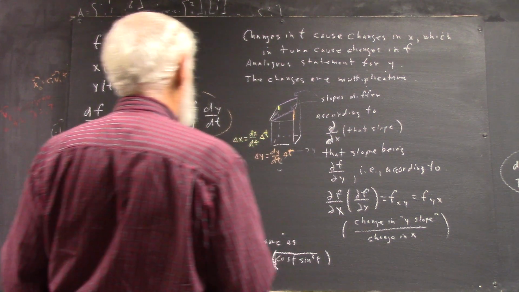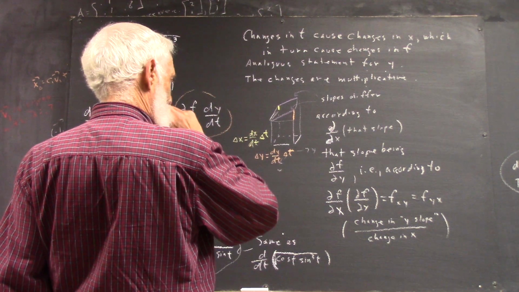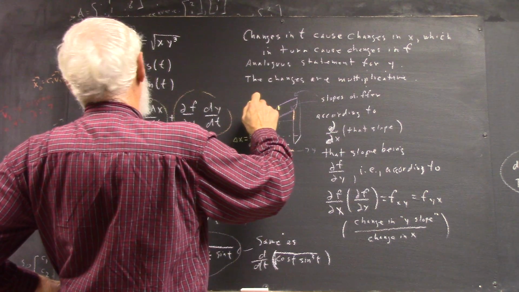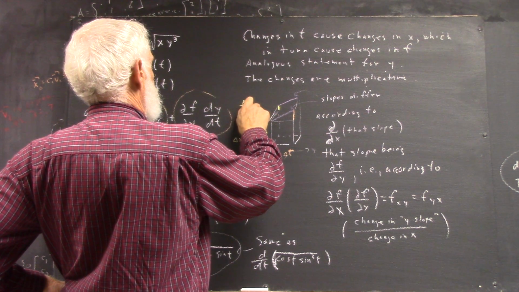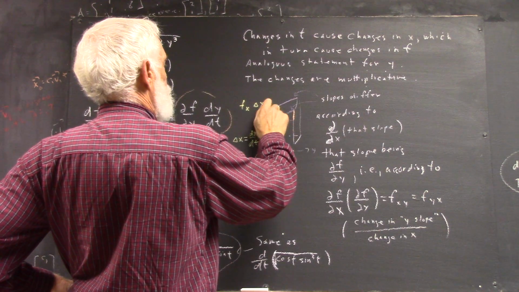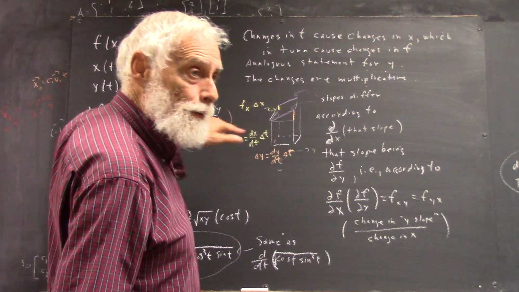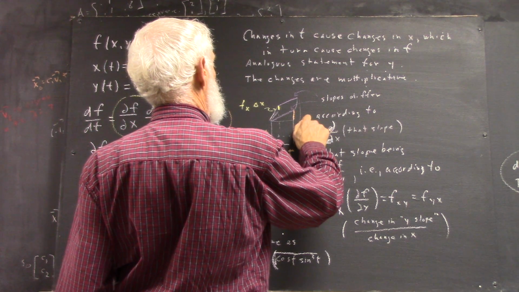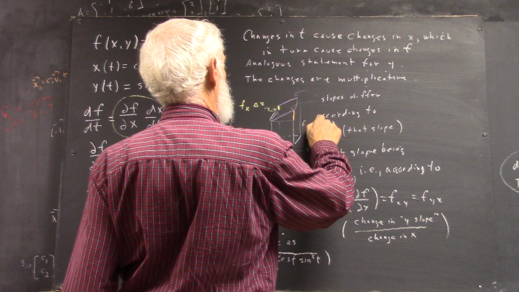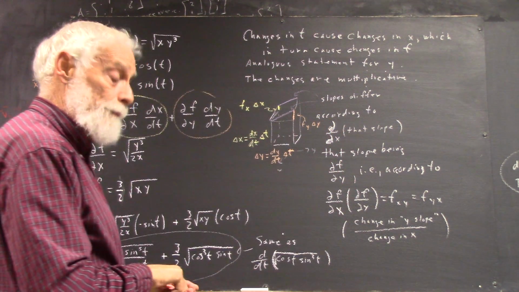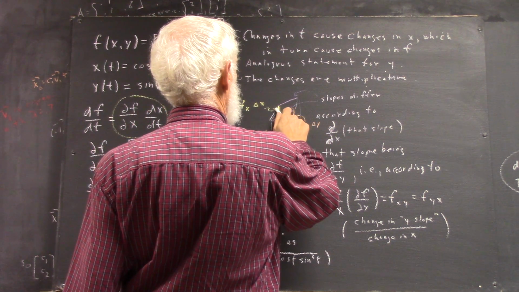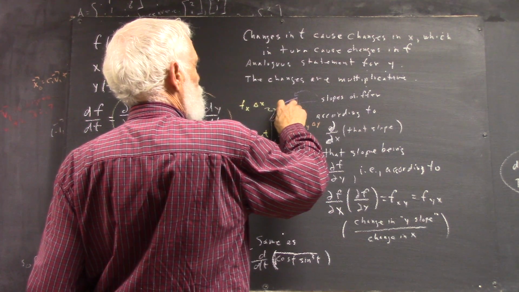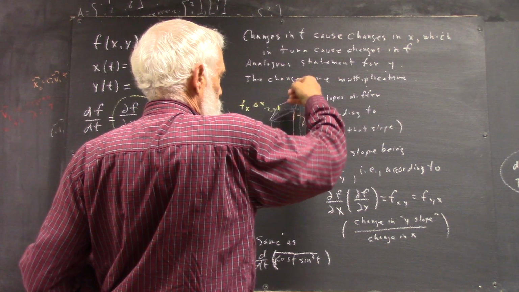So you're going to get df dy dt. Why is that? That's because this change here is just fx delta x. fx is your slope, delta x is your interval. That's how much your slope changes, right? And this change is fy delta y. So when you come all the way around here, if I can do this without totally messing up the picture, what you end up with is a slope here being pretty much the same as the slope here, or the slope from here to here the same.